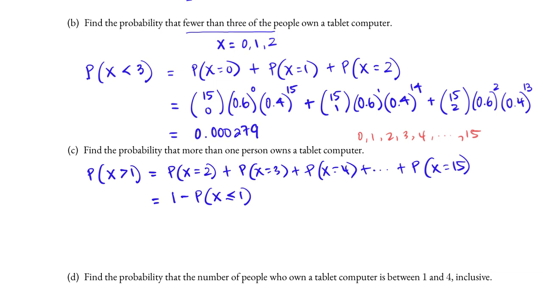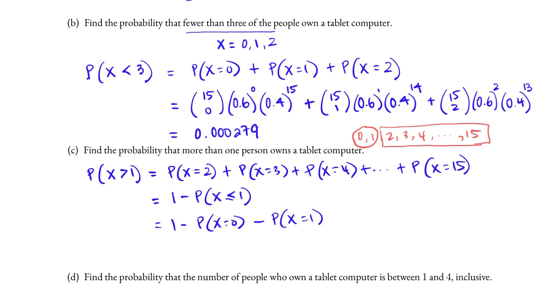And so the event more than 1 is the event that includes 2, 3, 4, all the way to 15. The complement of that event is now 0 and 1. And so we will take 1 minus the probability of x equals 0 minus the probability of x equals 1. This time, we only need to take 1 minus 2 terms that we set up as above.